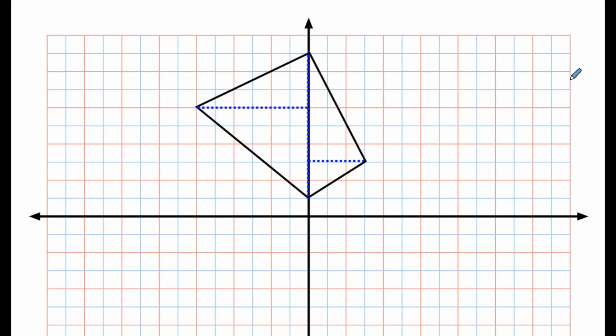Now here's a nifty little problem where you're trying to find the area of this quadrilateral. What you should notice on this quadrilateral is that this distance right here is perpendicular to that distance and perpendicular to that distance.